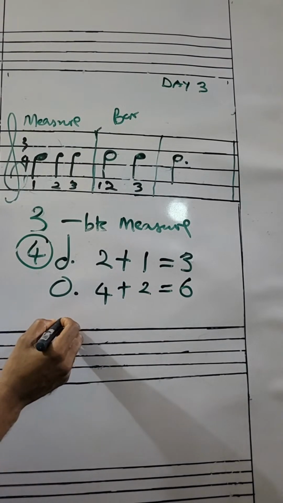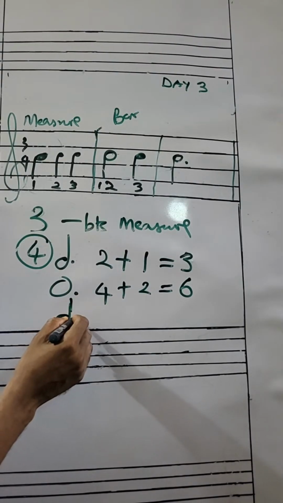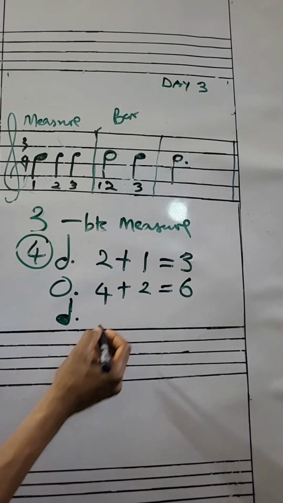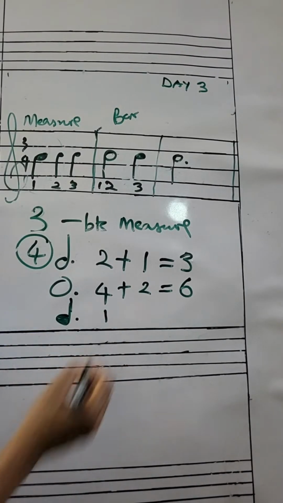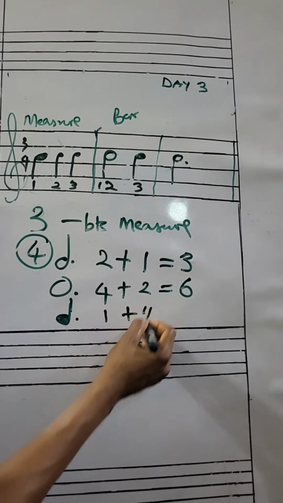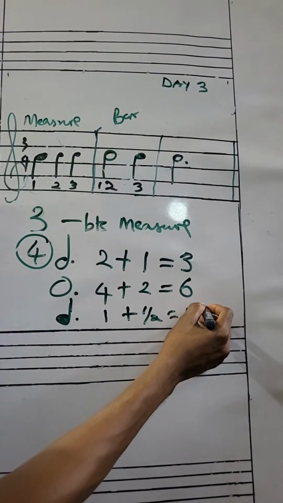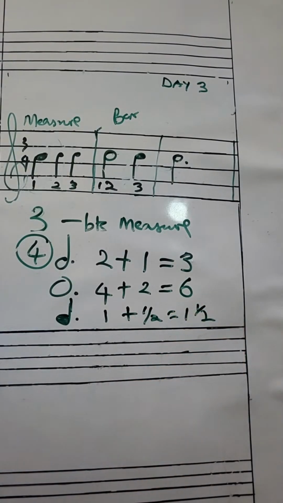So if I have my quarter note and there is a dot placed after it, this quarter note takes 1 count plus half, that is equal to 1 and a half. I want to give you a chance to think about it very well. You have it there already.